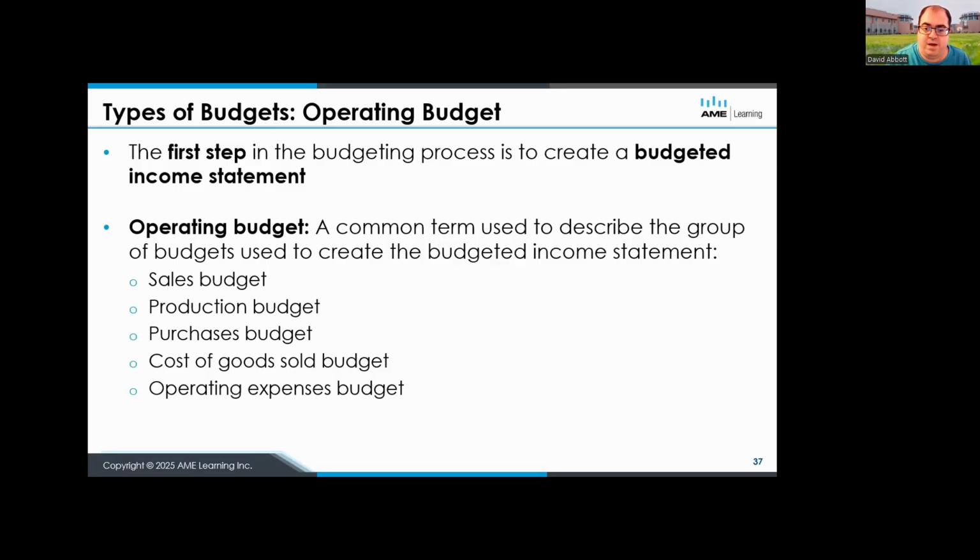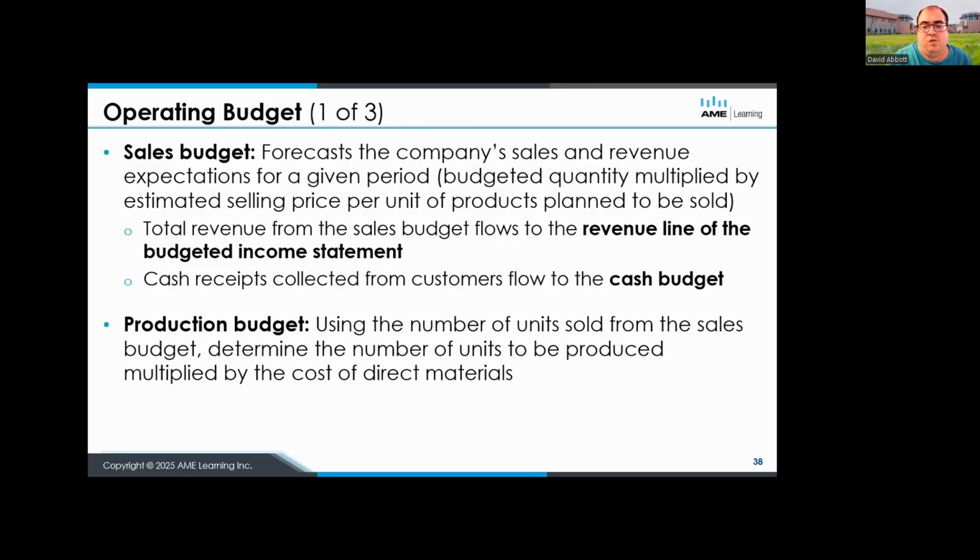So we have a sales budget, a production budget, a purchases budget, a cost of goods sold budget, and an operating expenses budget. Our sales budget is going to forecast the company's sales and revenue expectations for a given period. It could be for the month, or usually the quarter, leading up to the year.